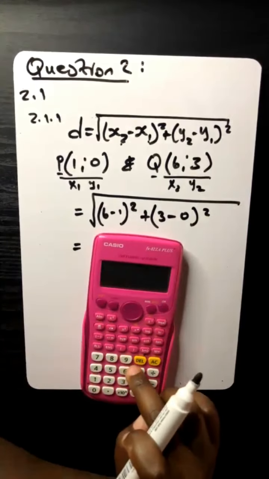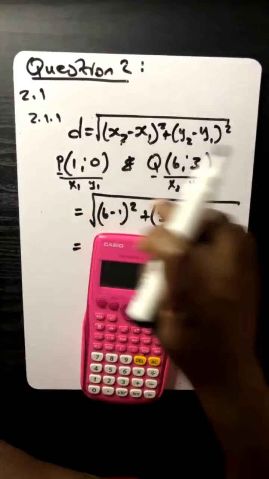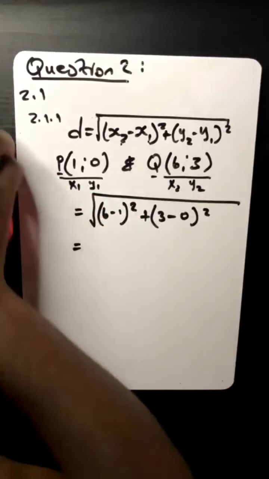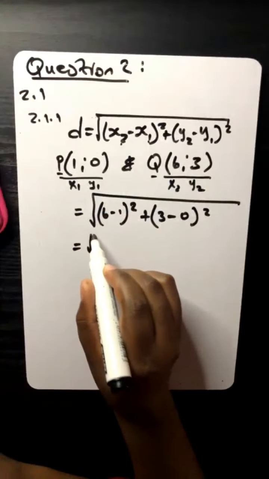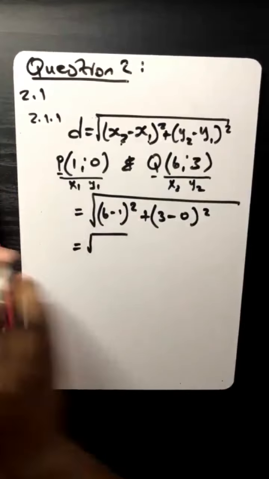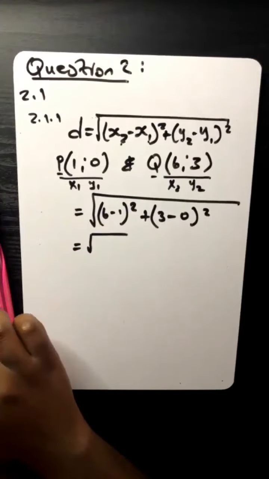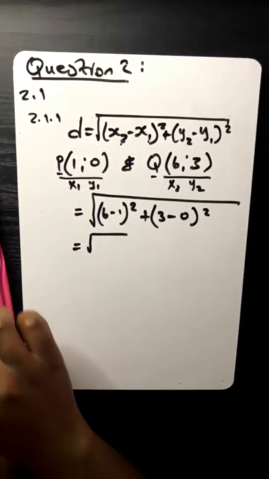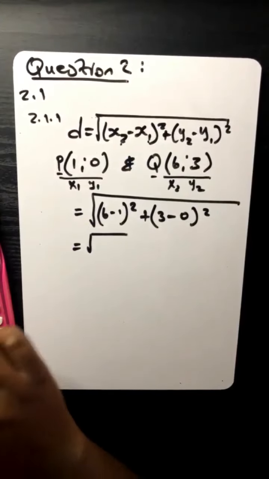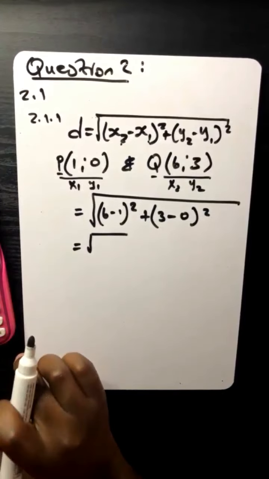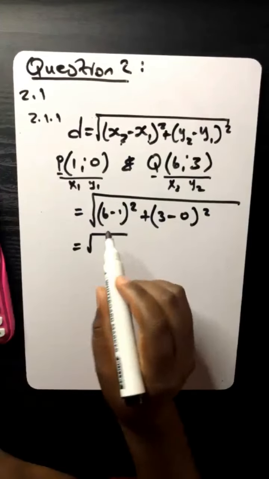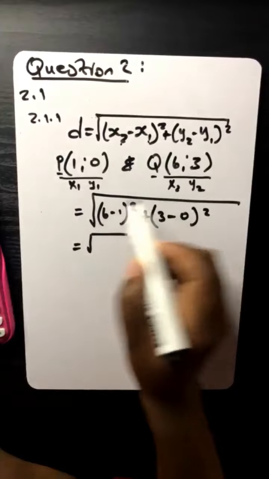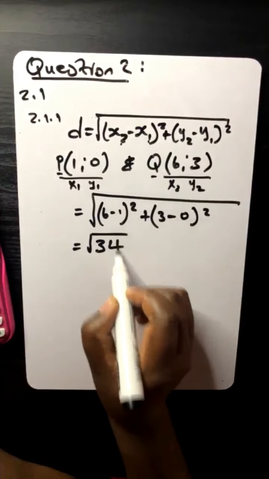So let's see. You can just punch whatever is inside because you want your answer to be in the form of a SAT. So let's punch all of that on a calculator. In brackets, you've got 6 minus 1, close, squared, plus 3 minus 0 squared, and then we've got 34. So when you punch the whole of that inside, you have 34.